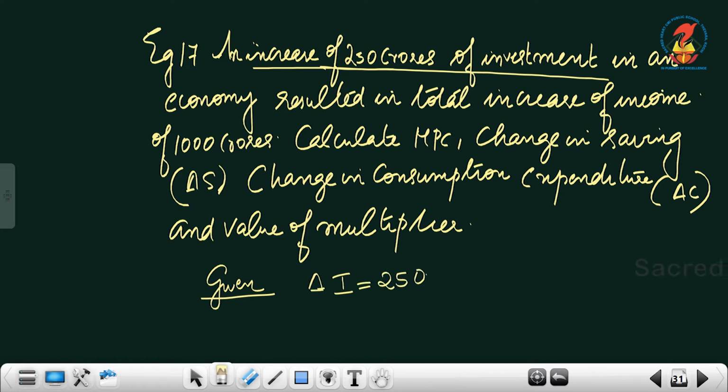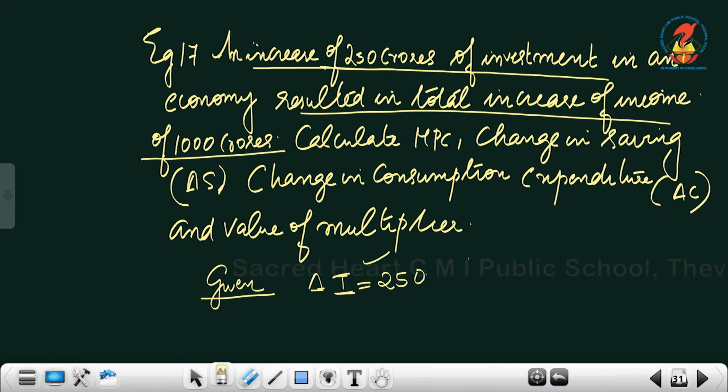An increase of 250 crores of investment in an economy resulted in a total increase of income of 1000 crores. So this increase in the investment has resulted in an increase in income of 1000 crores.